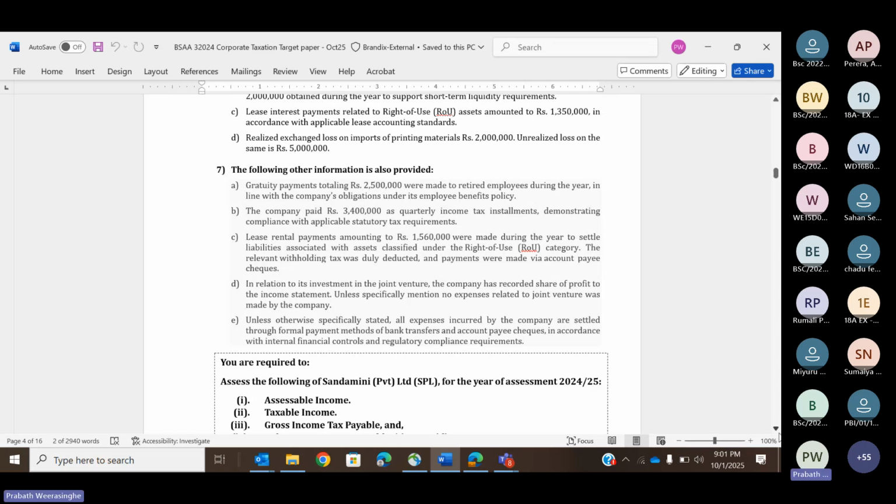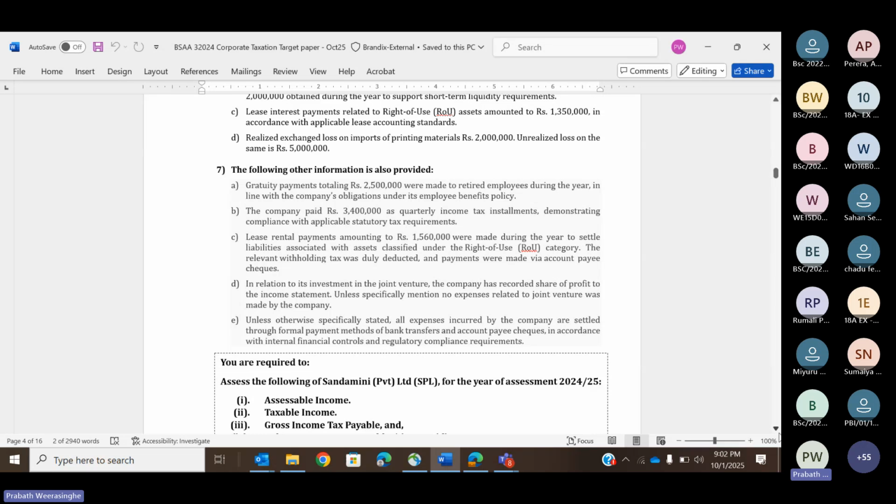In case of exchange gain or loss, if the company keeps accounts in LKR, unrealized gain or loss we are not considering. Unrealized gain is not taxable, and loss is also not a deductible expenditure, but realized gain is liable for tax, right?